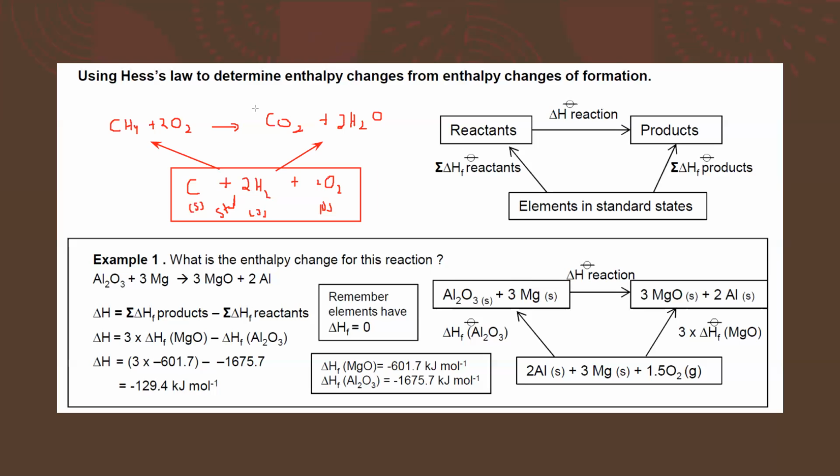If two arrows are pointing in, that is the end of the cycle. So if this is delta H1, this is delta H2, and this one is delta H3, then delta H1 plus delta H2 equals delta H3. You do that if in the question the enthalpy of formation is given, because formation means when elements form a compound. So you should always add a missing link, which is the elements.